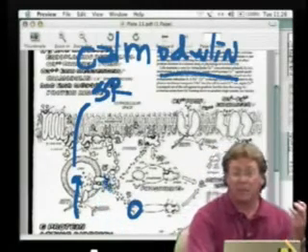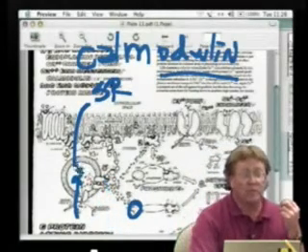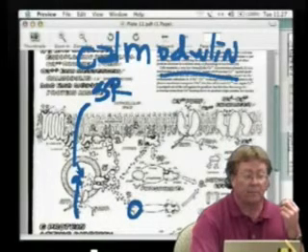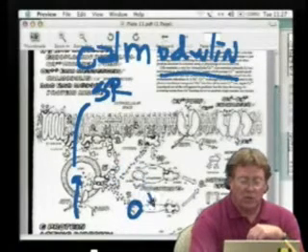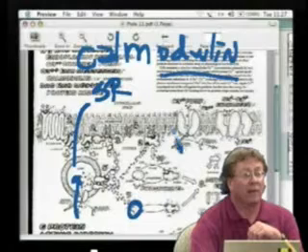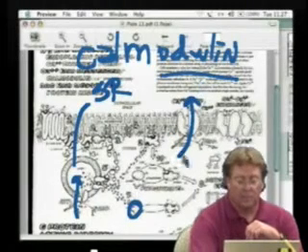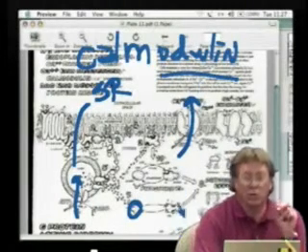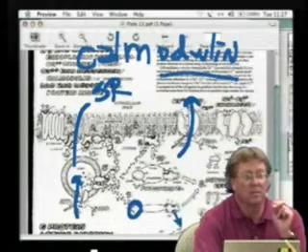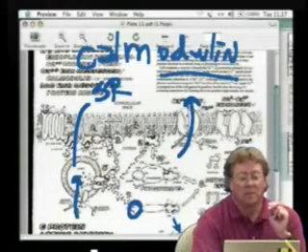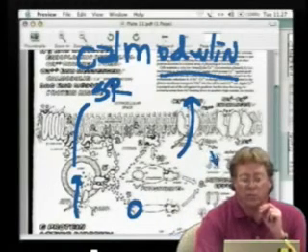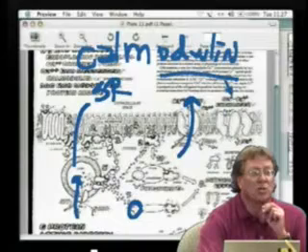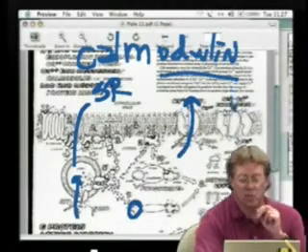These are active pumps that move calcium to the inside of the SR. There is also an external calcium pump. You can pump calcium out. That is also an active process. And the third way that calcium gets removed is by a sodium-calcium exchanger.